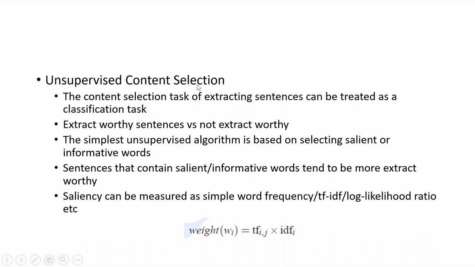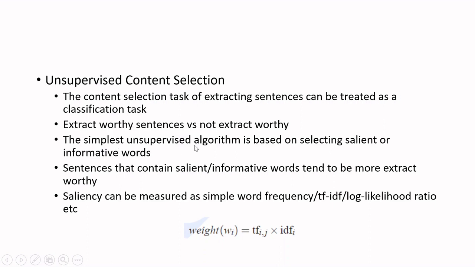So first of all, we look at unsupervised content selection. The content selection task of extracting sentences can be treated as a classification task. You can group the sentences within the document into extract-worthy sentences versus not extract-worthy. You can identify the set of sentences which is extract-worthy, which are most relevant or salient.